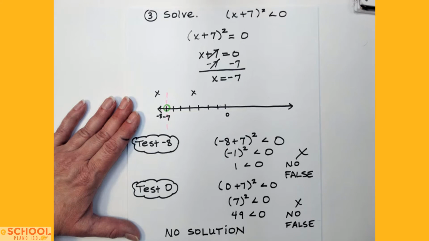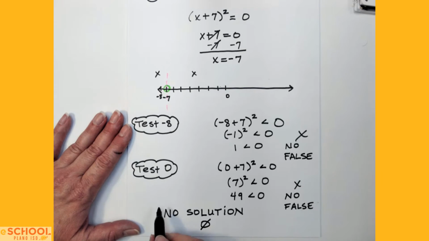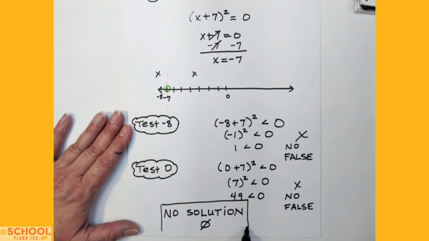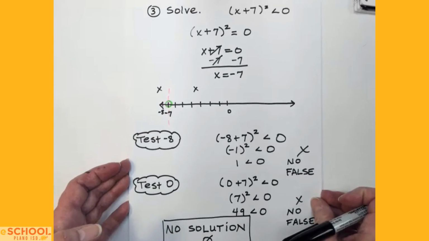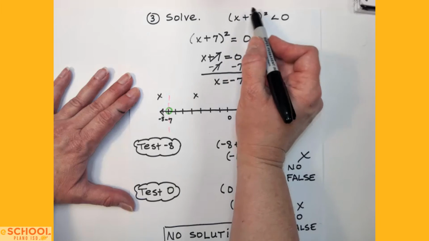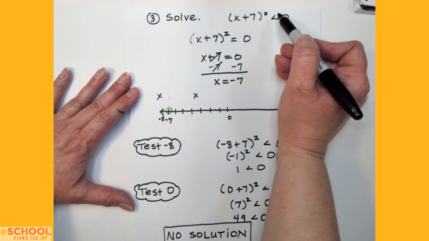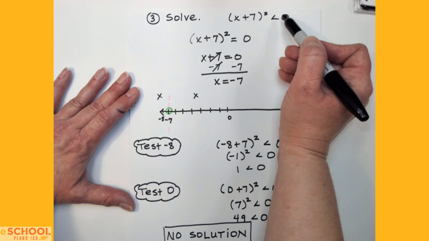You can either write the words no solution or use the symbol for no solution. And if you think about it, go back up to our original inequality, we have an expression that is squared, and we're trying to find something that will work to make that value be less than 0.